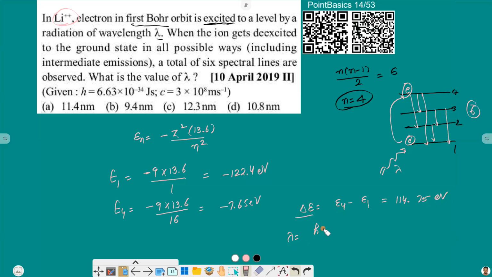Lambda will be equal to hc by delta E. That will be 1240 electron volt nanometer, the value of hc, divided by delta E, that is 114.75 electron volt. So electron volt gets cancelled, and our answer is 10.81 nanometer, and that is nearest to option D here.